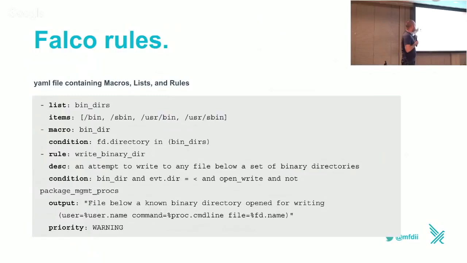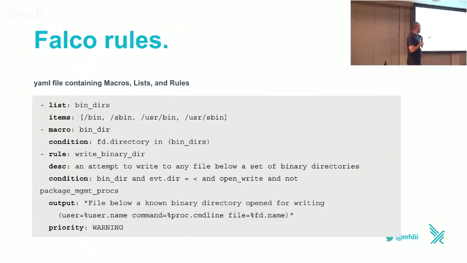Then we have what's called a macro, and the macro allows us to create shortcuts for conditions. You can see here that we create a macro called bin_dir, and this condition basically says fd.directory is in bin_dirs. So this will get substituted and replaced in there.